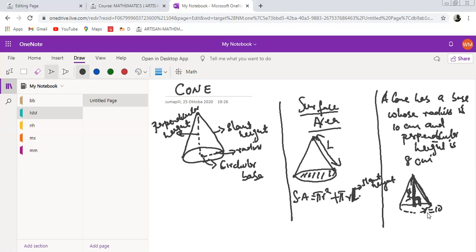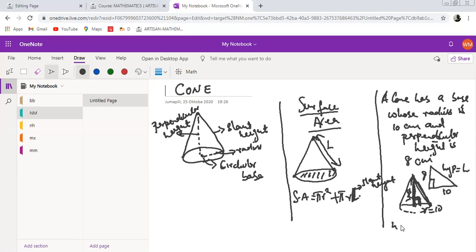Therefore, we don't have the slant height, but you can note we have something like a right-angled triangle where here it is 10 centimeters and here it is 8. Having discussed the Pythagoras theorem, we can get this particular slant height, which is going to be our hypotenuse. And how do we get the hypotenuse?